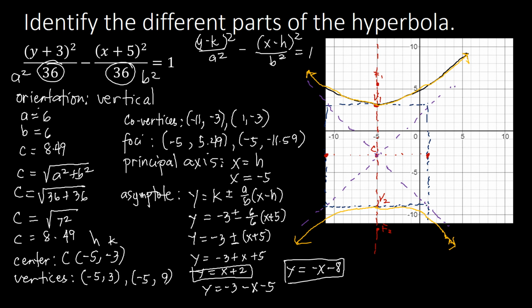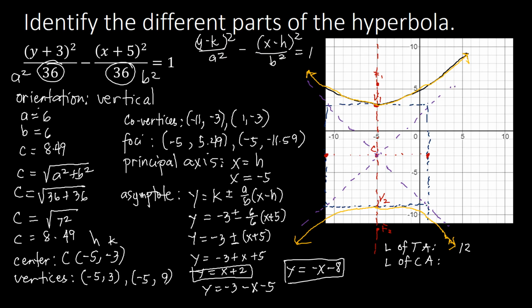Next, we are going to identify the length of the transverse axis. This is now 2a. So 2 times our a, which is 6, we have 12. And then we have the length of the conjugate axis. This is 2b. So we have 2 times 6.